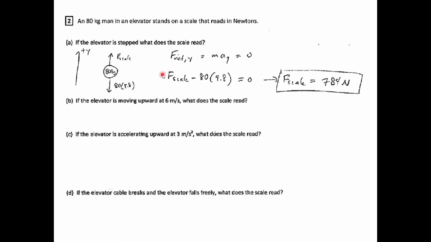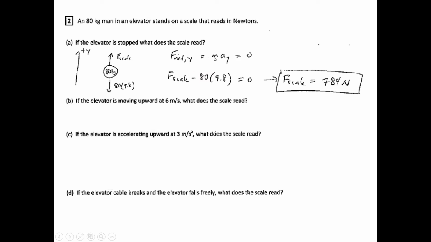It's going to come in with a plus sign, so I don't have to put anything in front of it. And then the weight force is going to come in with a minus sign because in going from the tail to the tip, we're going in the negative y direction. And so that 80 times 9.8 gets a minus sign out in front of it because we're writing down y components of forces here. We have to pay attention to the signs.